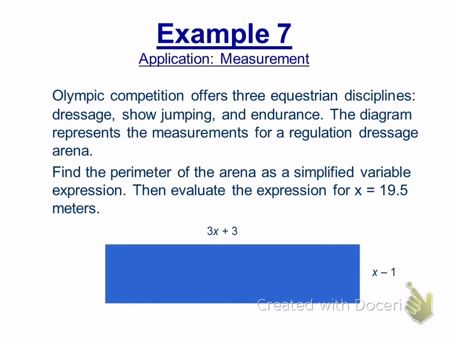Olympic competition offers three equestrian disciplines that really no one cares about. I used to do that stuff. Why did you quit? Because I had so much stuff to do. Because no one really cares about it. Dressage, show jumping, and endurance.